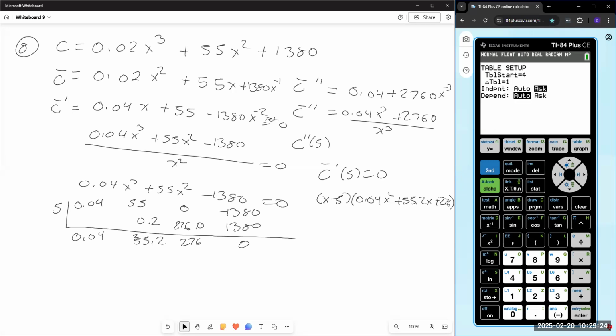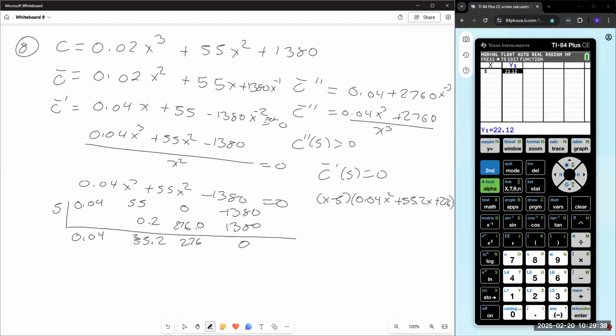Second table, I want 5, to make it evaluate, and I get that's a positive number. So because C bar double prime of 5 is greater than 0, C bar has a local min when x is equal to 5 units of production.